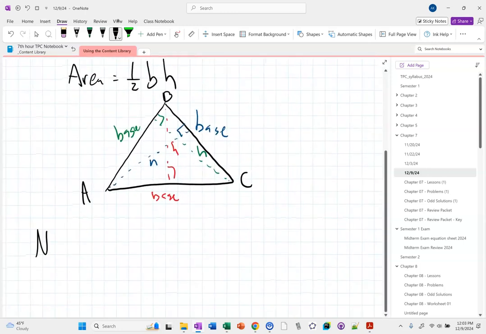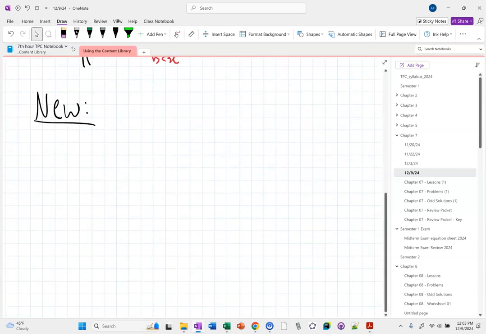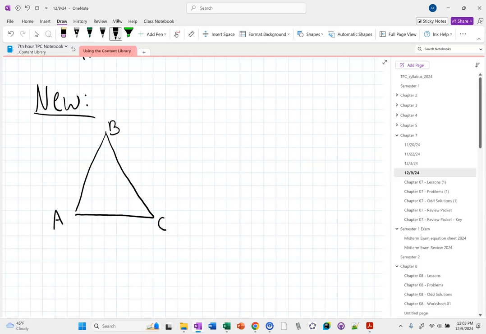Alternatively, you could use one of these two new area formulas that we're going to present to you right now. So again, say we have our triangle ABC here.